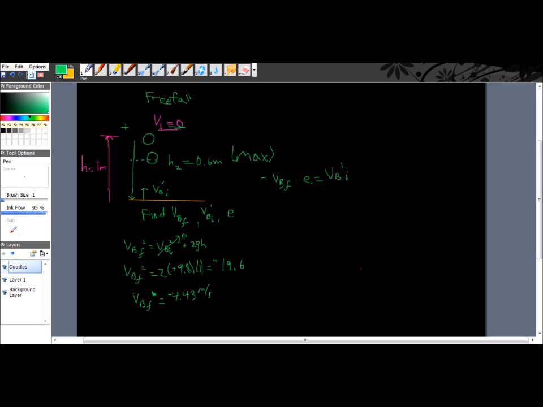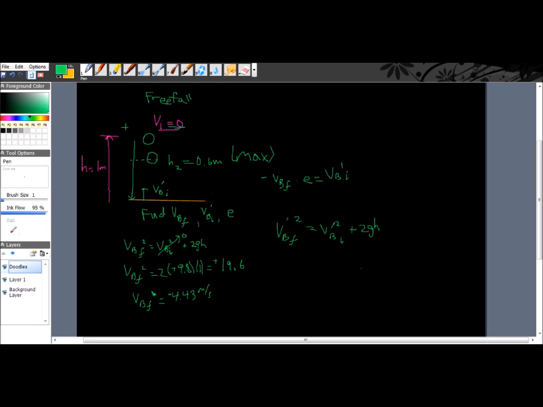So now we're going to find VB prime initial in the same way. We have VB final prime squared equals VB initial prime squared plus 2gh.